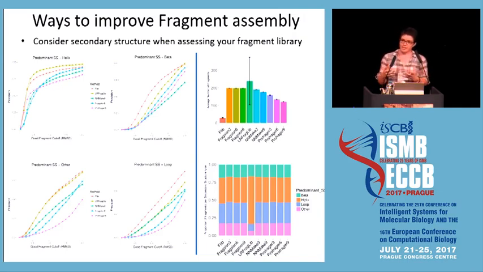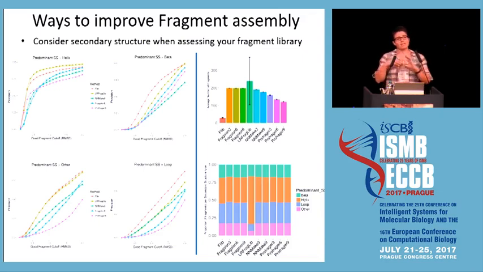But actually, it's kind of doing the reverse of what maybe you would want a fragment library to do, because probably, and actually none of these methods yet really do this, you should have more fragments in the loop regions where it's hard to get the Lego brick right, and you should have fewer fragments in an alpha helical region where pretty much every brick will be right.